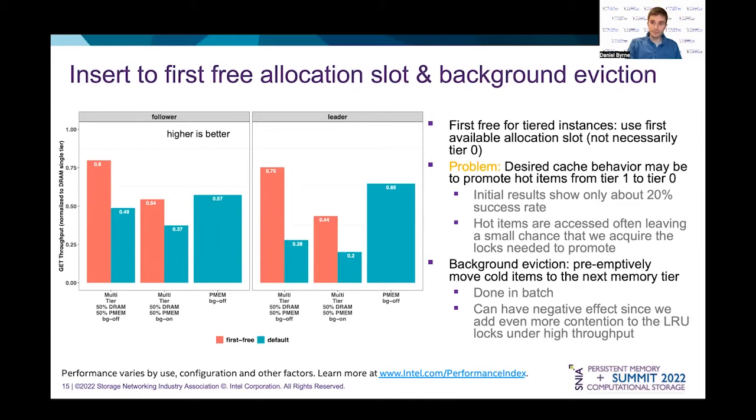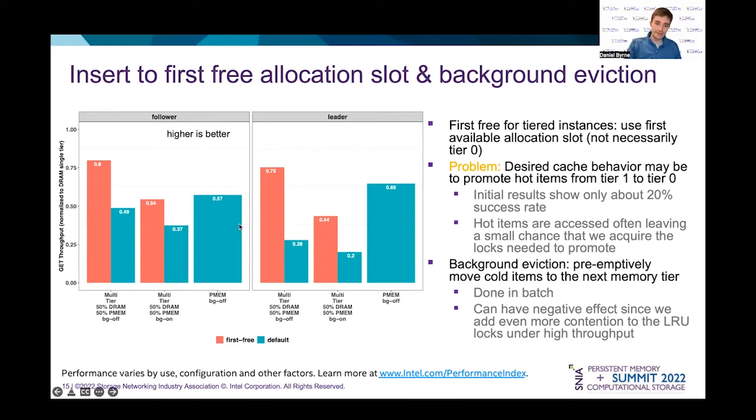And moving those hot items that are allocated into PMEM on the spillover is difficult, because it's difficult to acquire the locks needed to promote that item into tier 1. There's already a lot of contention for those items. They're being heavily requested. It actually will decrease our performance.